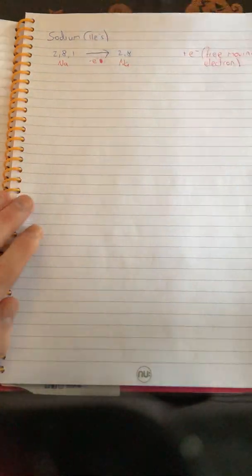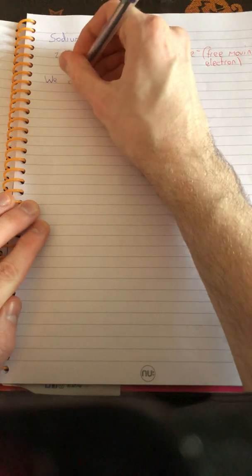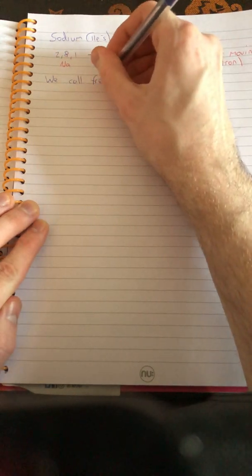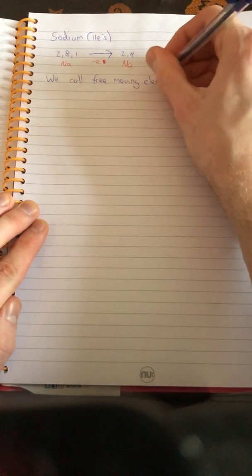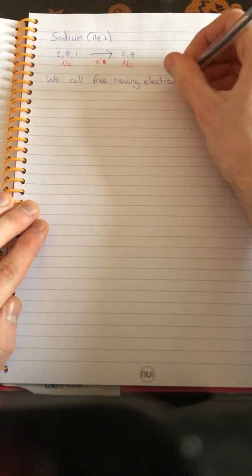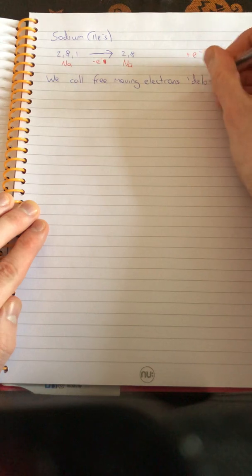Now, just make a wee note here. We call free moving electrons delocalized.